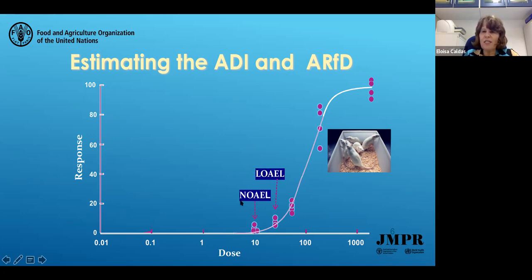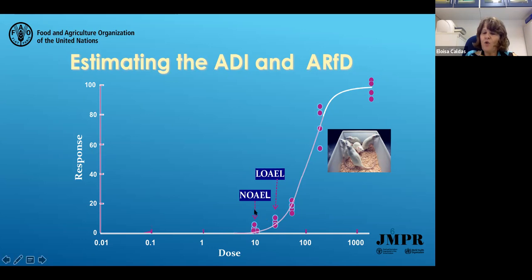For example, in this study here, this level here led to a response. And of course, we are looking for adverse response.